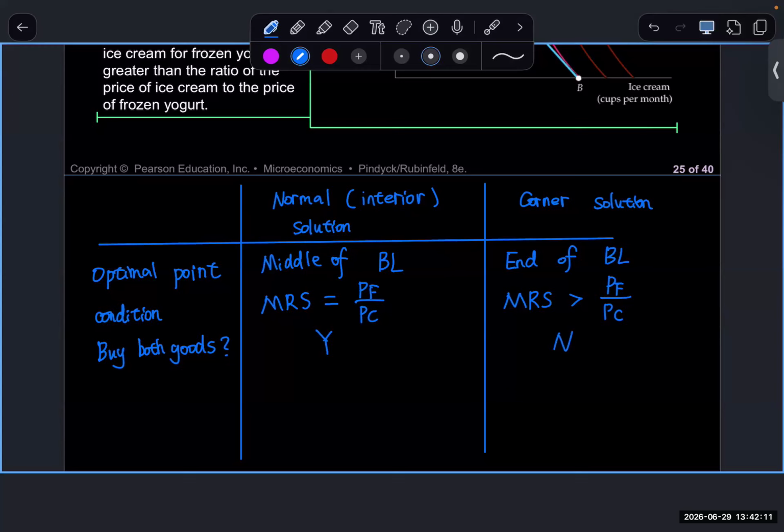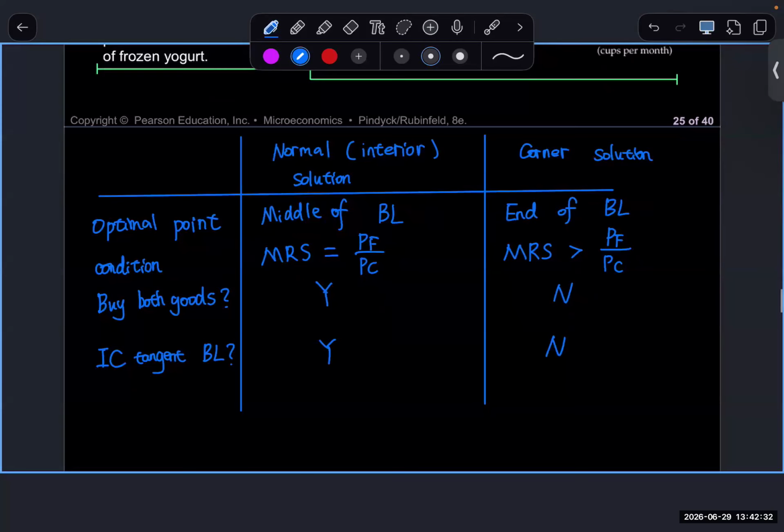Does the IC tangent to the budget line? For normal solution, of course, yes. But for corner, no. It just touches at the corner.